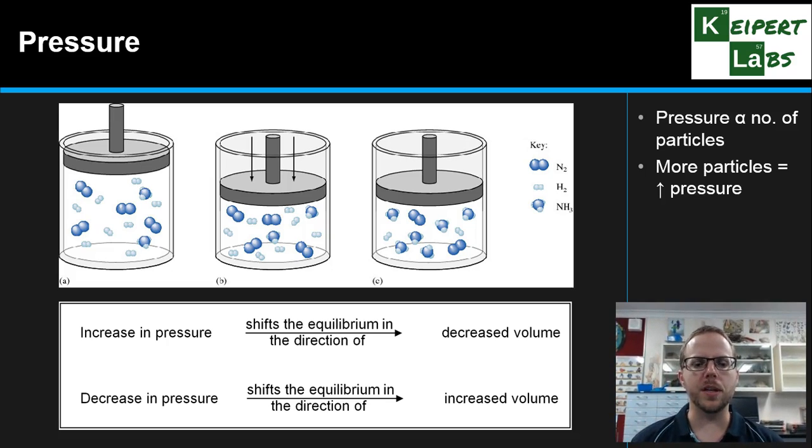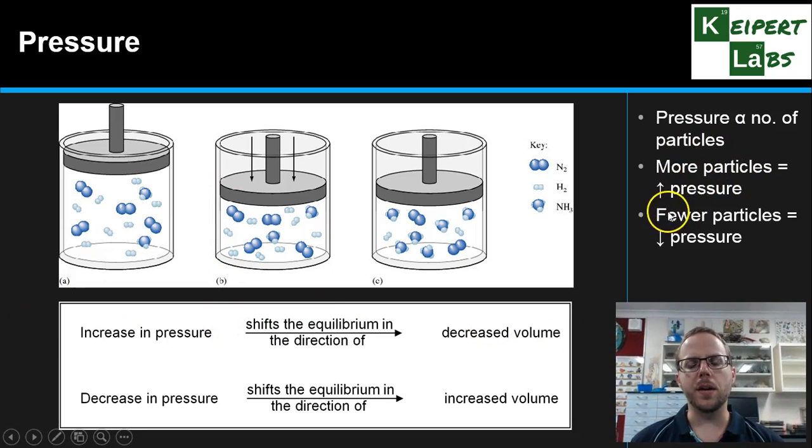It will decrease the number of collisions with the container. If we did the opposite, if we decreased the pressure, it would shift to try and increase the pressure by producing more gas particles, because if we produce more particles, we increase the pressure again. If we favor the side with fewer particles, it decreases the pressure. So to partially counteract it.